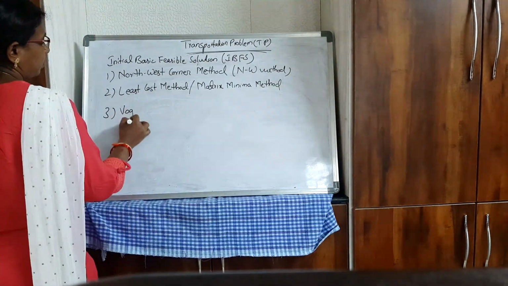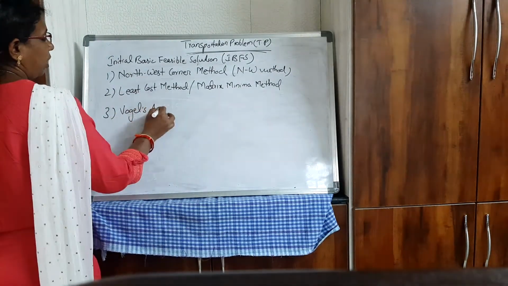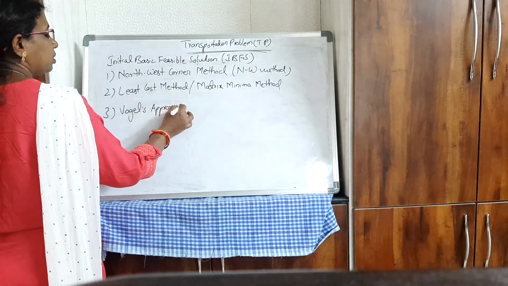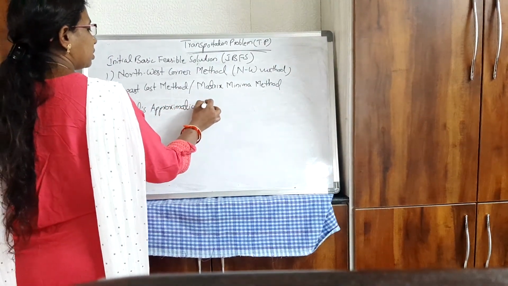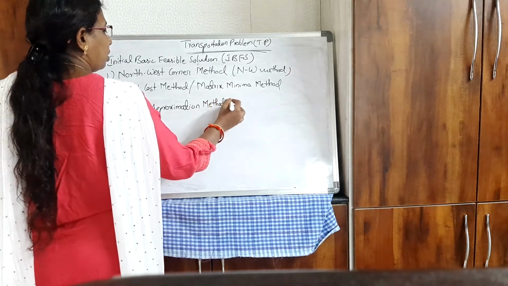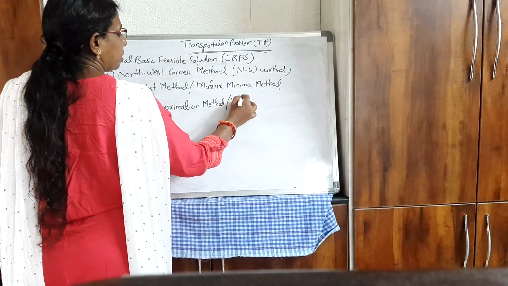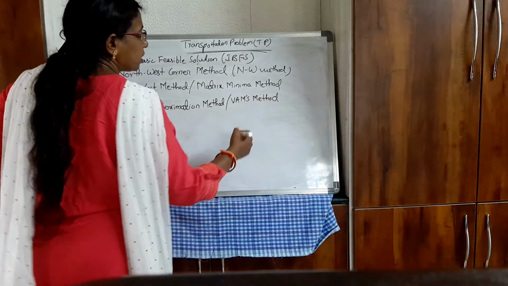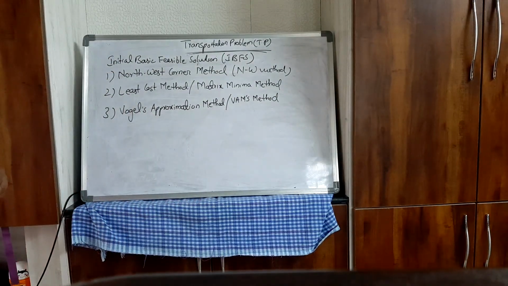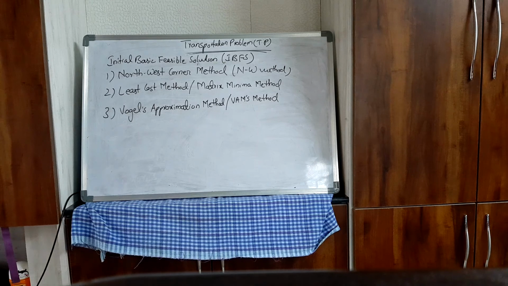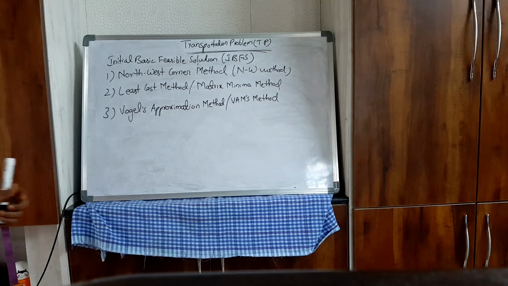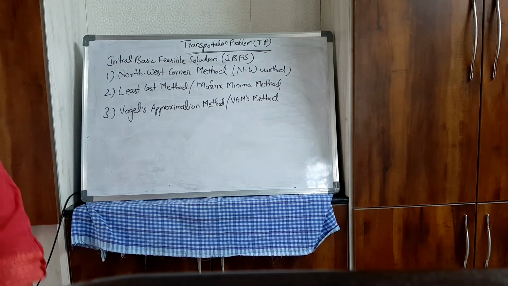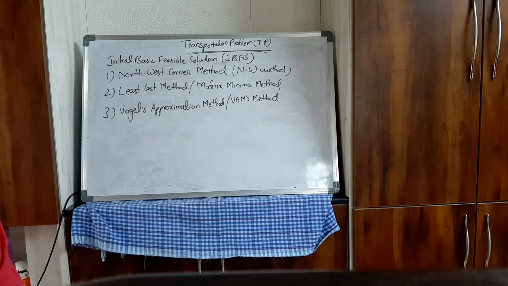Third one is Vogel's approximation method, or Vogel's method, or we call it the penalty method. So these are the three methods you have. I'll explain each method by taking an example. First we'll see how to find the initial basic feasible solution using the northwest corner method.